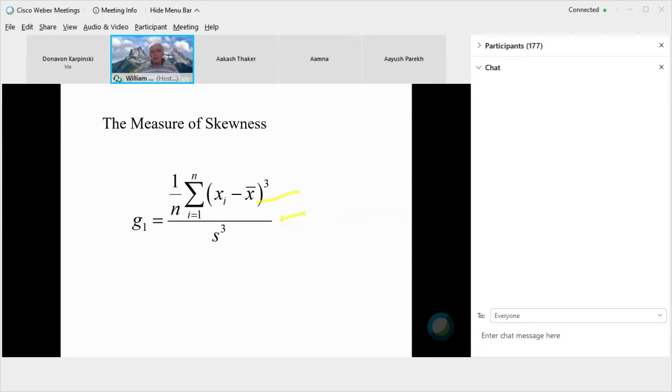Fisher's measure of skewness is the average cube deviation from the mean divided by the standard deviation cubed. Fisher's measure of kurtosis is the average of deviations from the mean raised to the power 4 divided by S to the fourth. For a normal distribution, that first term should be about 3, so you subtract off 3 to make G2 equal to 0 for a normal distribution.